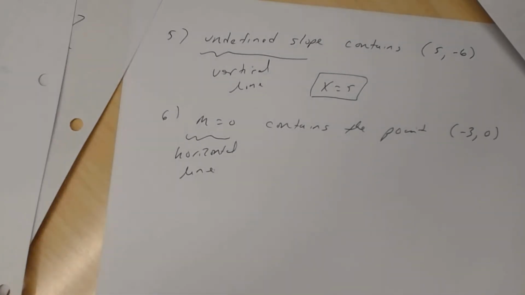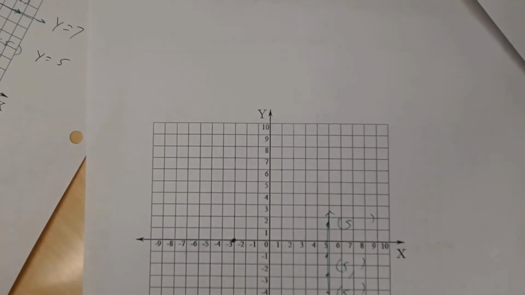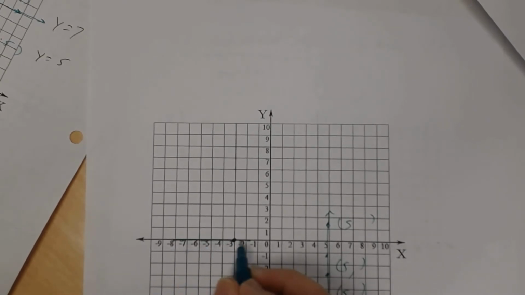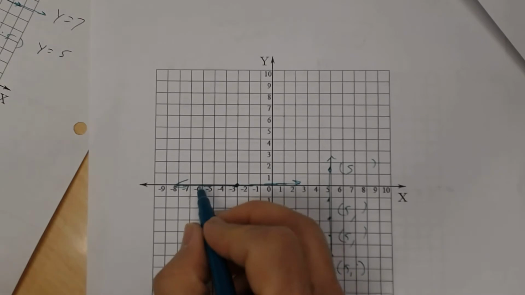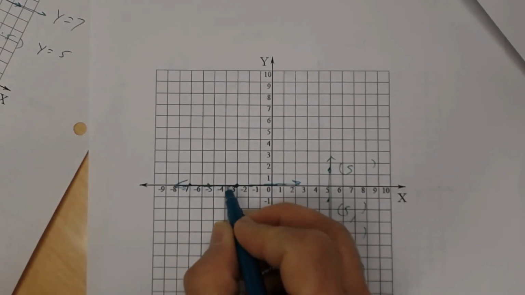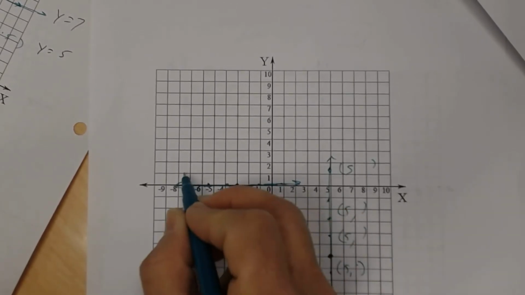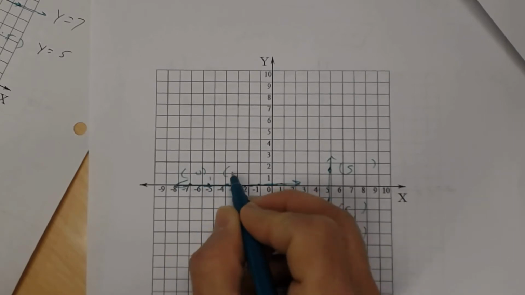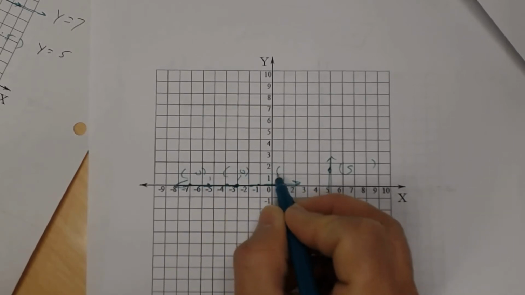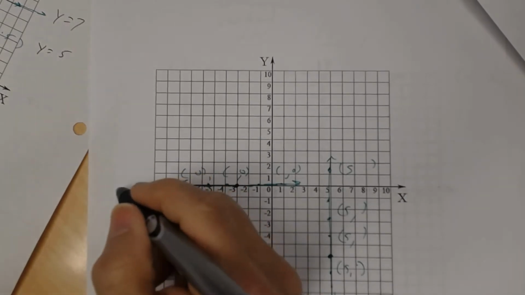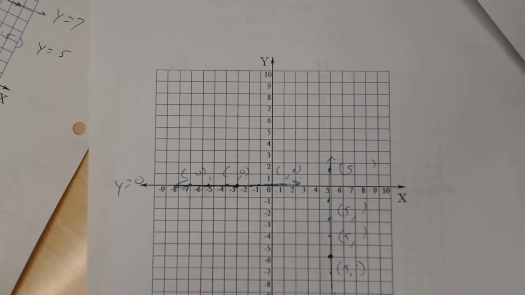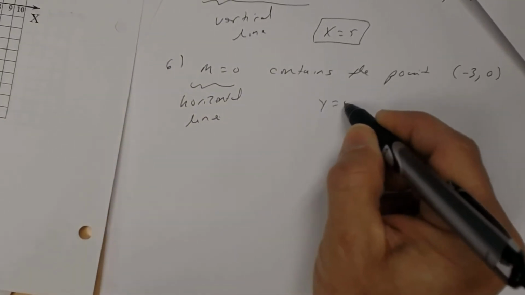And so if I draw a horizontal line right here, you're going to notice that the y-coordinate in each case is 0. Okay, so that means that y always has to equal 0, which happens to be the x-axis. So there's your equation. Y has to equal 0.